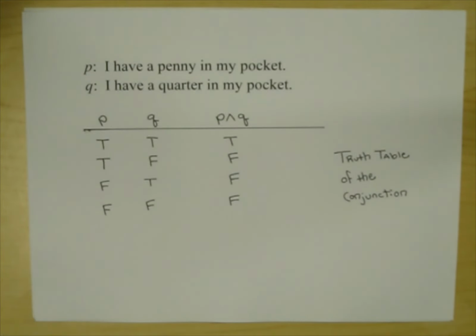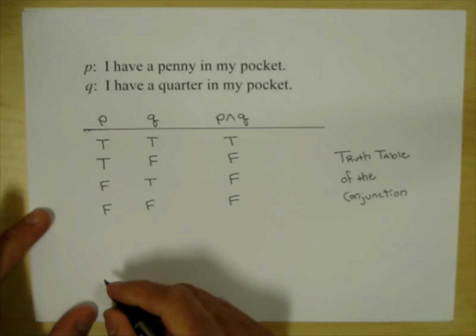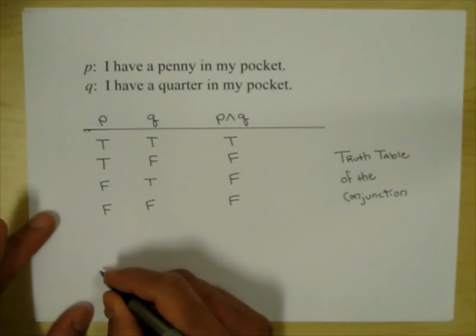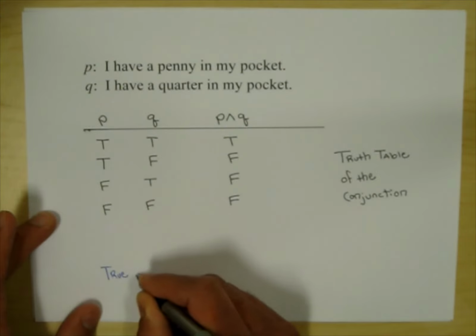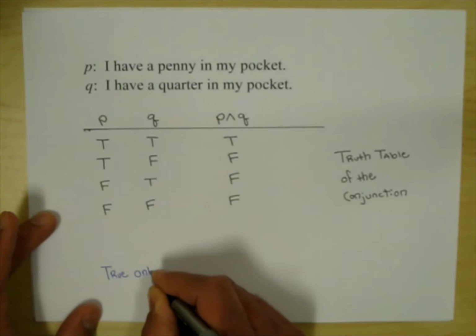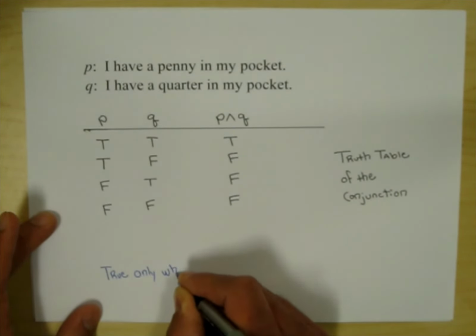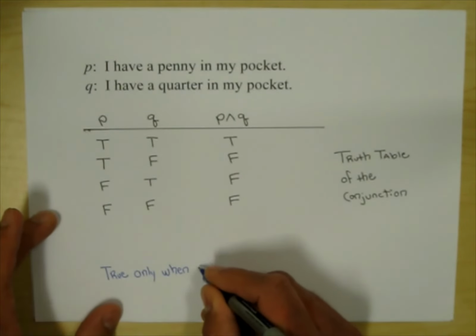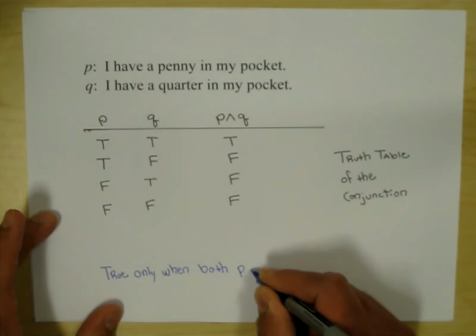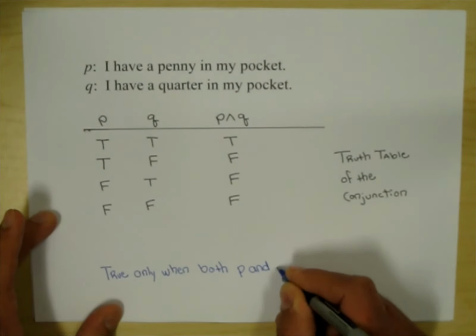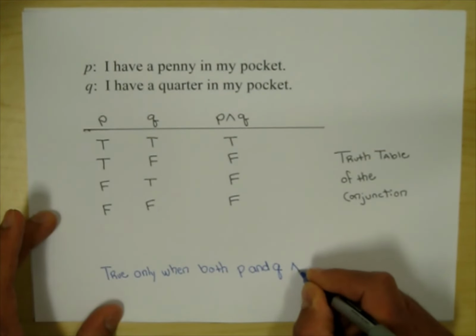Let's point out one other thing. I've seen other logic books define the truth value of the conjunction like this. It is true only when both P and Q are true.